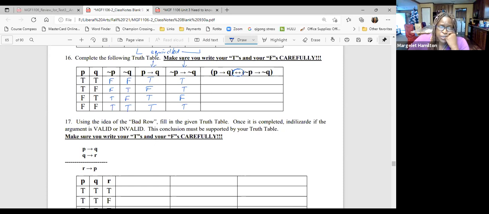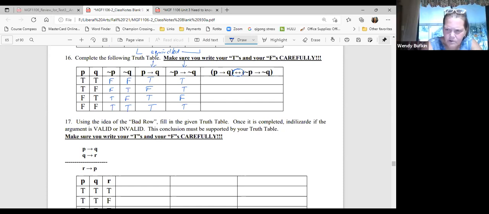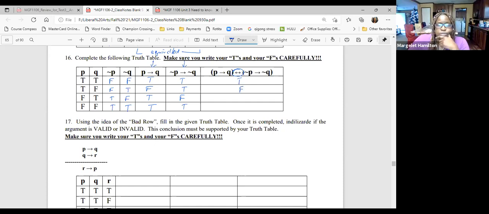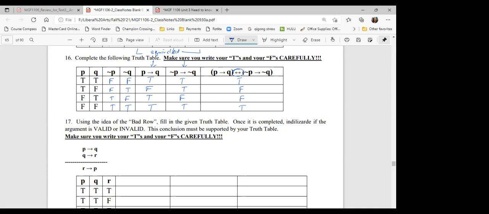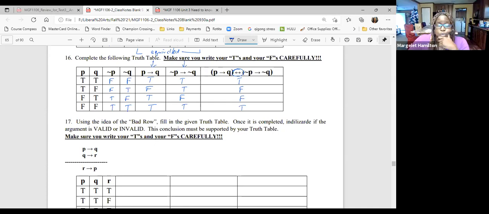What's your answer for this column? True, false, false, true. Can you explain that again? Which part?